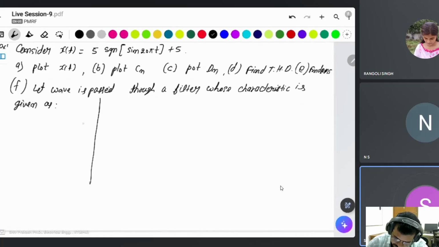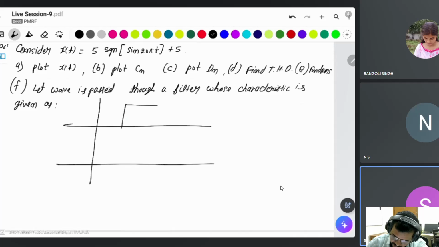This is the filter. The filter is presented from 30 pi to 150 pi. This is omega, this is the magnitude of H(j omega), and this is the angle of H(j omega).